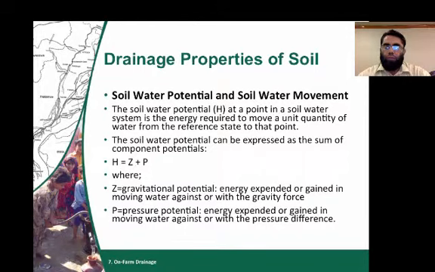Gravitational potential is basically the energy expended or gained in moving water against or with the gravity force. And the pressure potential is energy expended or gained in moving water against or with pressure difference. So movement of water within the soil is mainly governed by these two forces, gravitational force and pressure force. And soil water potential is basically sum of these two forces.